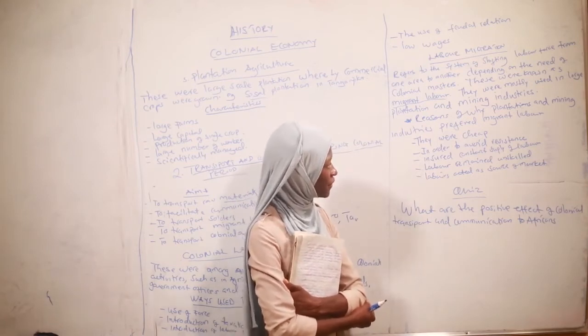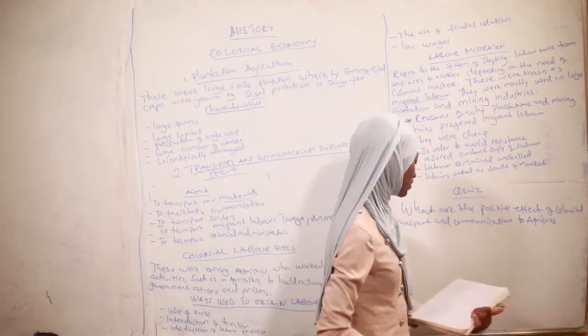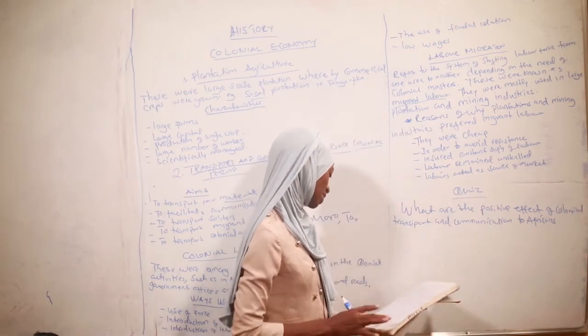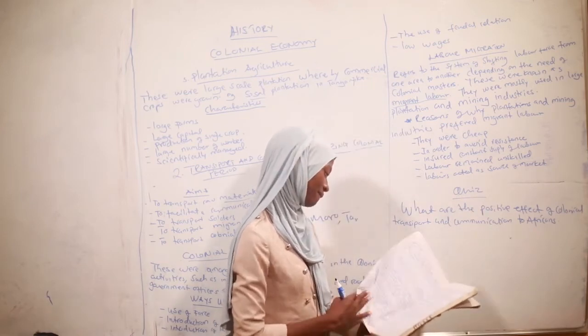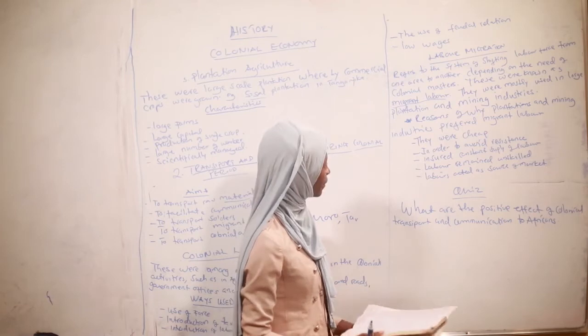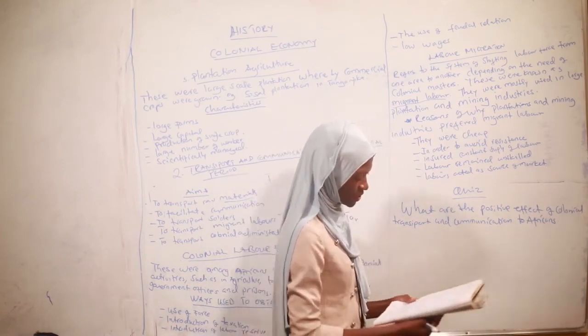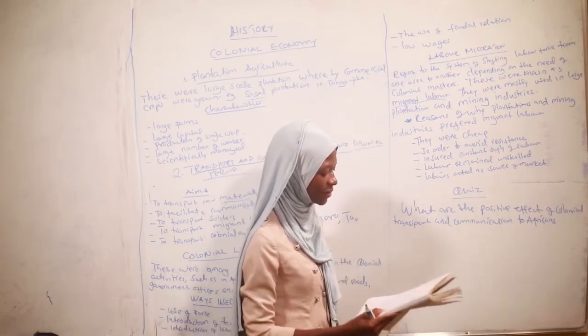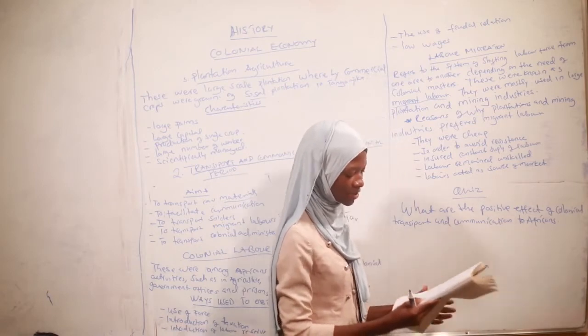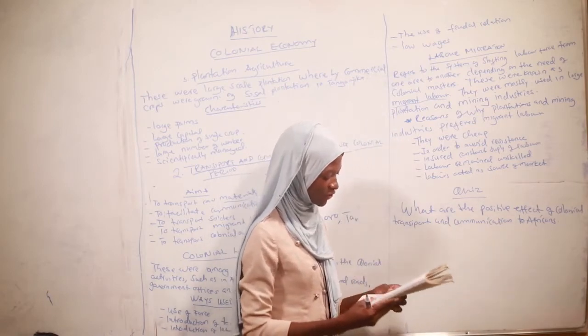The reason is, first, they were cheap. Migrant labor was cheap. These migrant laborers left their families at home, producing their own means of subsistence, due to the low wages paid to them.